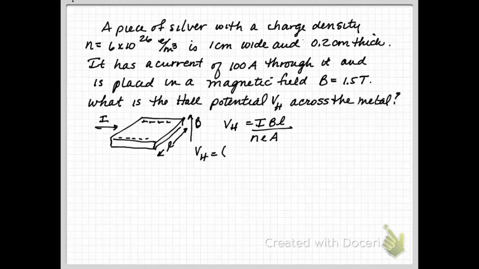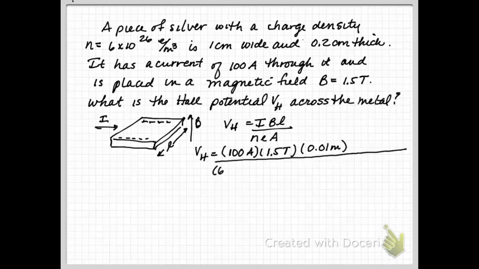So it's nice and straightforward. Once again, you have to watch out for your units. Since this is 1 centimeter, it is 0.01 meters. And we have 6 times 10 to the 26, and that number comes from just a property of silver, so that would be given to you.